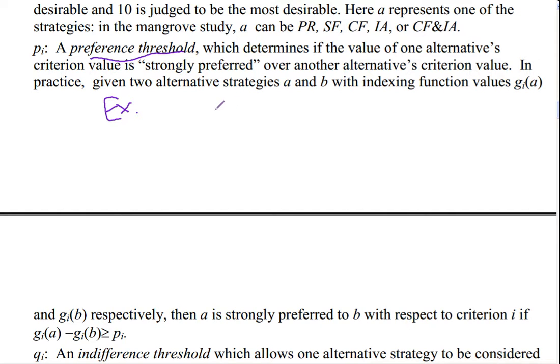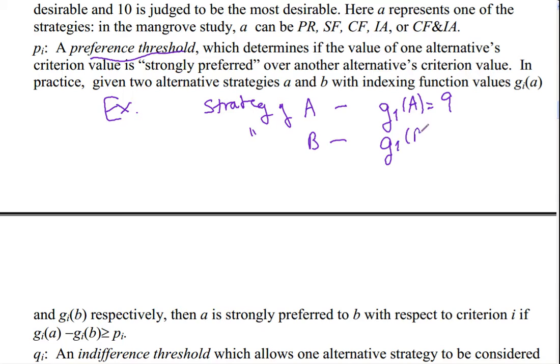Let's say strategy A has G1 of A equal to 9, and strategy B has G1 of B equal to 2. I'm using capital letters here; it doesn't really matter. And let's suppose that the preference threshold for criterion 1 is equal to 5.